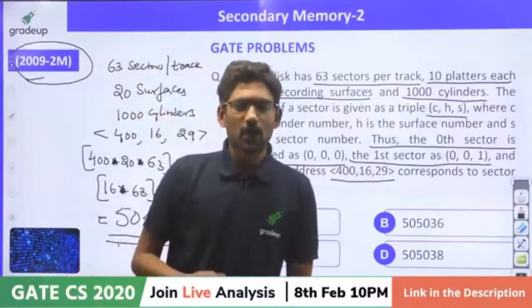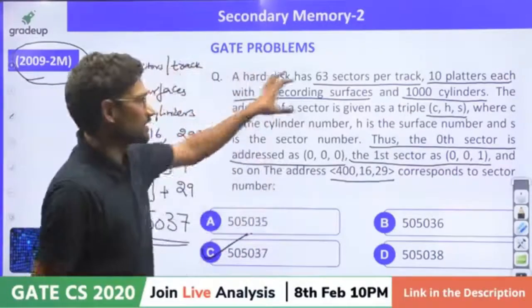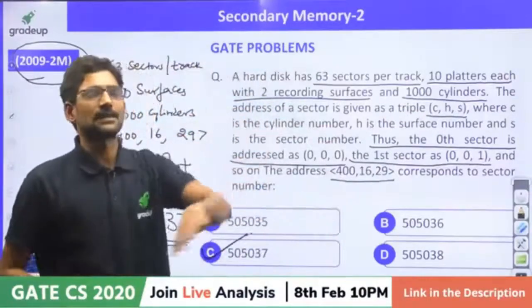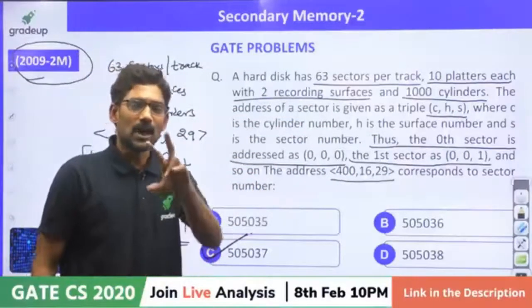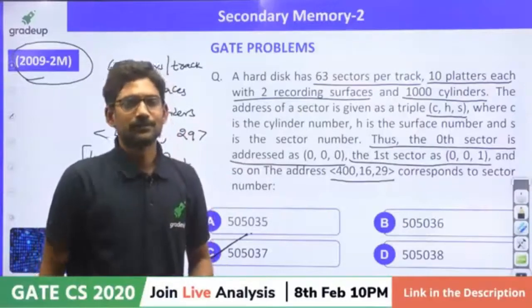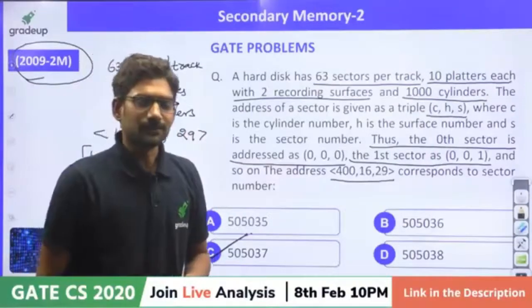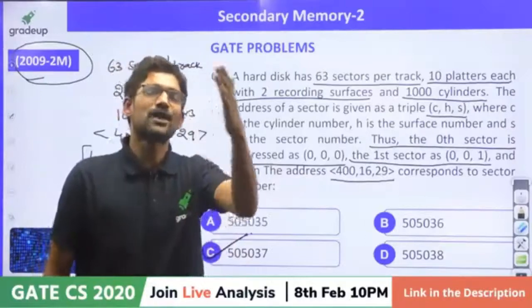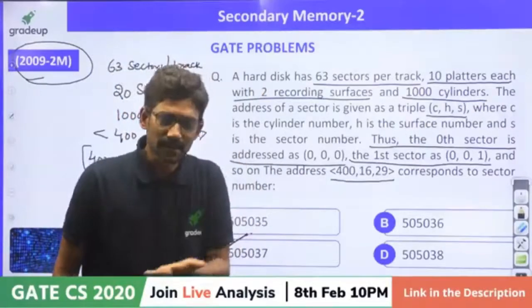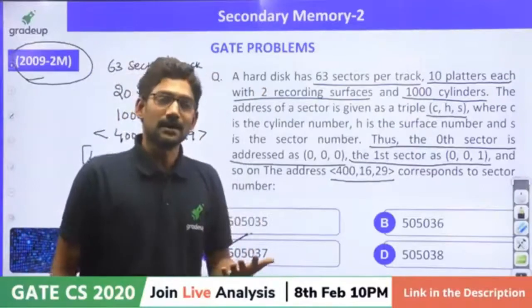Do we get CHS given all the time, asking for the sector number? No. There is a possibility to ask in reverse. Given the sector number, asking for CHS. Is it easy? It is easy.